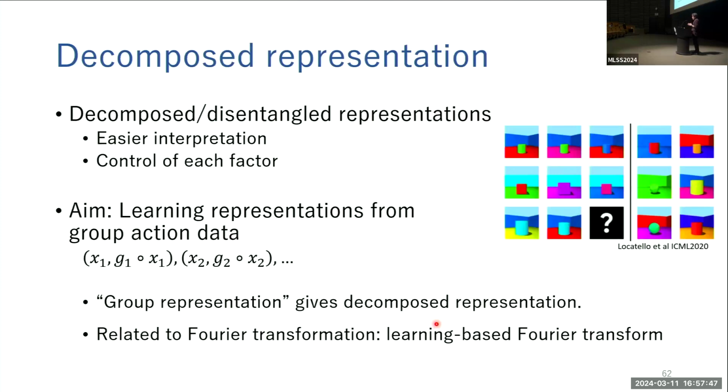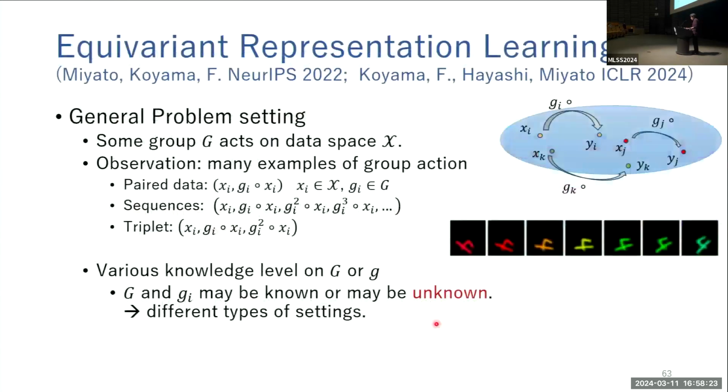People think it preferable because it carries easier interpretation of the representation, and it should also be easier to control each factor. So the aim of our representation learning is to make a decomposed representation using group action. For this purpose, we use the decomposition theorem of the representation into irreducible representations. That's a very big picture of what we are doing.